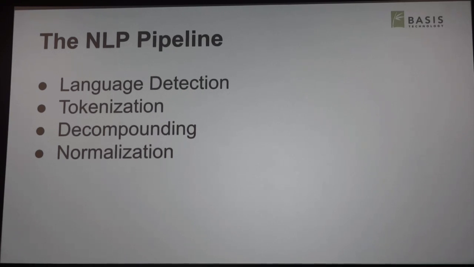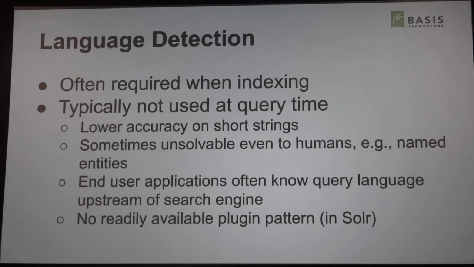Sometimes you might, and this might be an optional step, but this is really step one because the rest of the steps all have their own algorithms and rules depending on the language. Step two is tokenization, which is breaking text into words. Then there are some more complicated NLP steps that happen afterwards: decompounding and normalization. I'll leave those undefined for now because we'll talk about them.